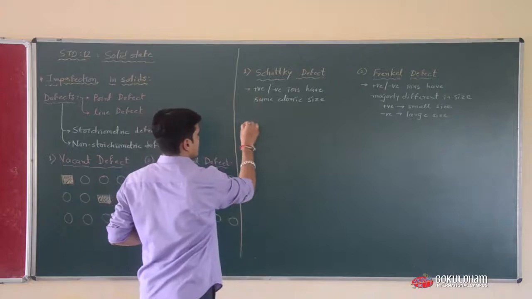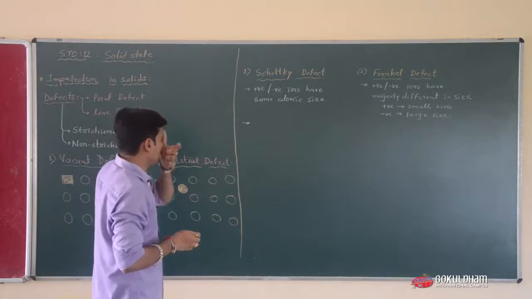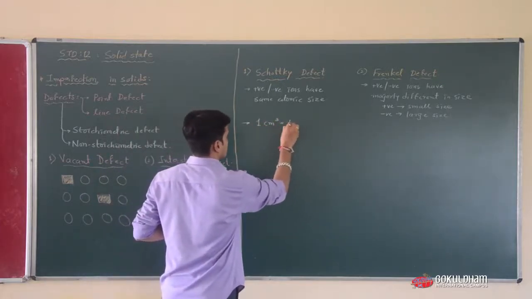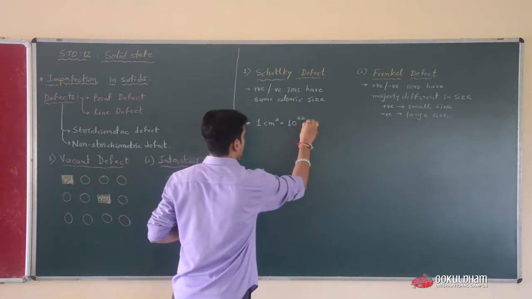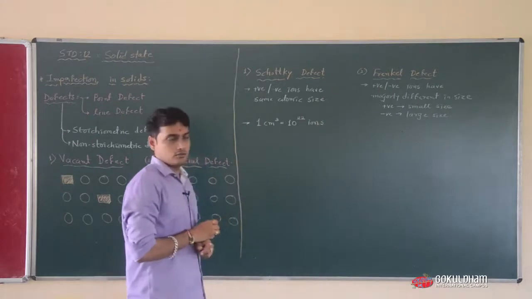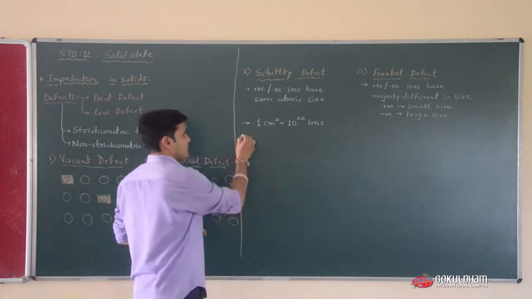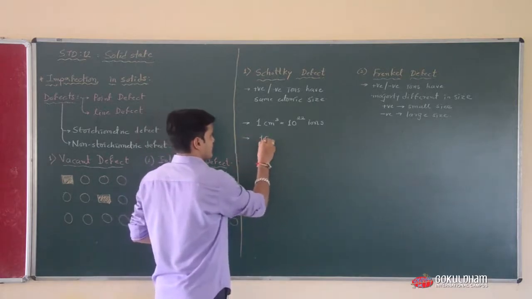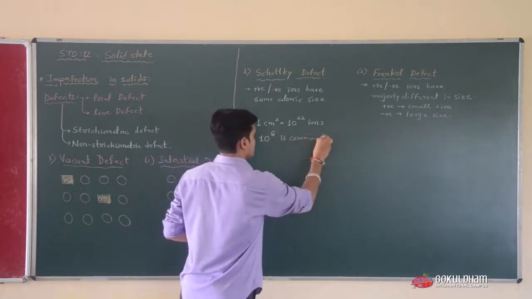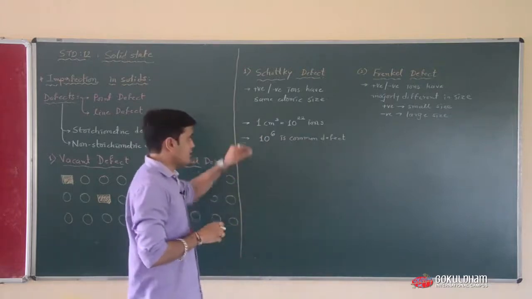In Schottky, you also notice that 1 cubic centimeter consists of 10 raised to 22 ions. 1 cubic centimeter is equal to 10 raised to 22 ions, and we know that 10 raised to 6 is a common defect in every solid.